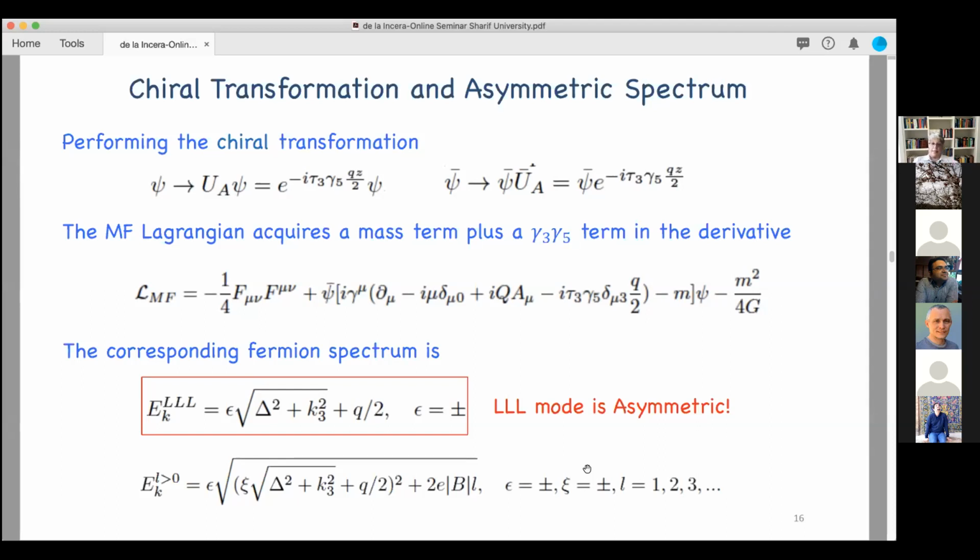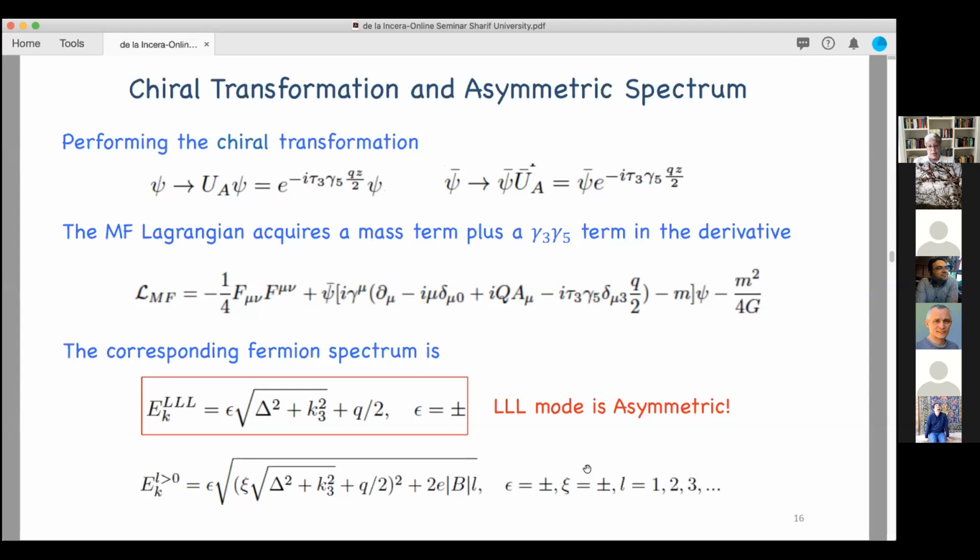So the asymmetry is an interplay between the presence of the magnetic field that decreases the dimensionality of that Landau level, in particular the zero Landau level, and the density wave type of solution that you have.